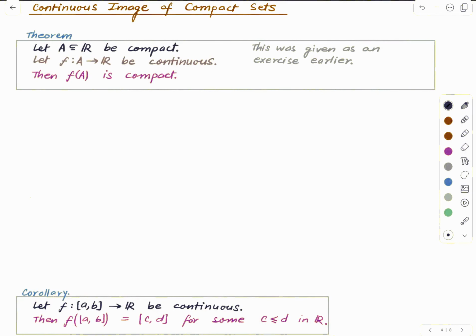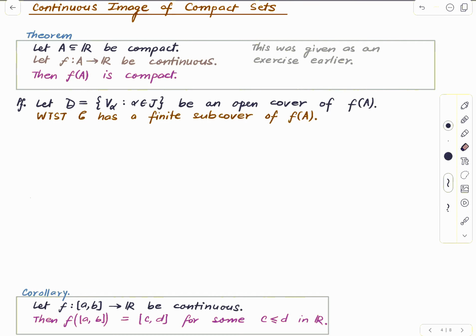Let me just do this very quickly because this was an exercise. So I will not be writing in real time. I have already written a proof. Let me just keep showing line by line. So we start with an open cover of the image of A under f. And we want to show that this thing has a finite subcover. That's what it means to show that something is compact.